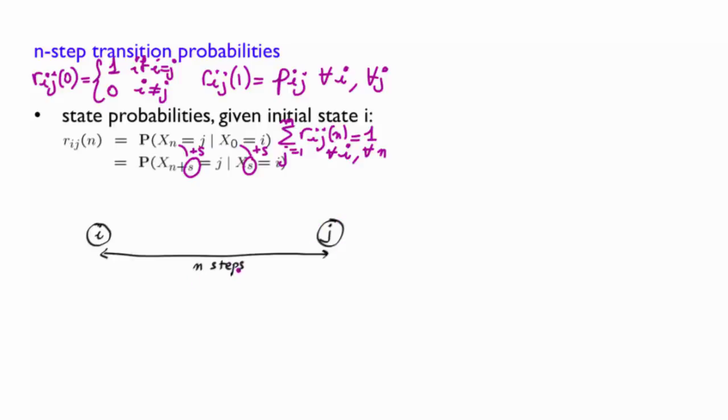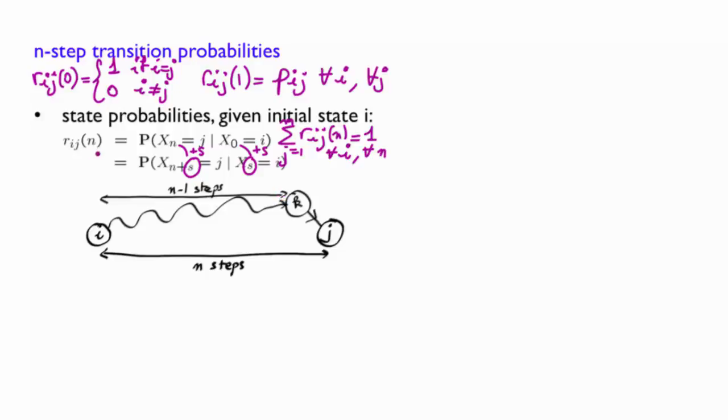There are many ways for that event to happen. Let's group these many different ways as follows. Let us consider the first n-1 steps and group together all possible ways of going from i to a given state k in n-1 steps.